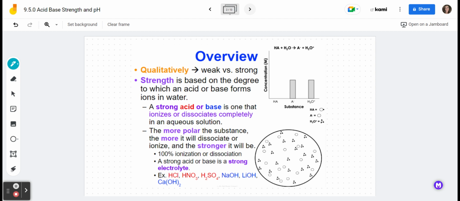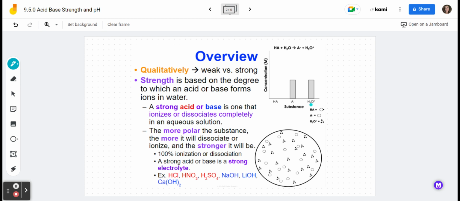For example, in the equation up here, you notice HA, which is your original acid. You put it in water, then it attaches to your hydronium ion, and then it creates its conjugate base.